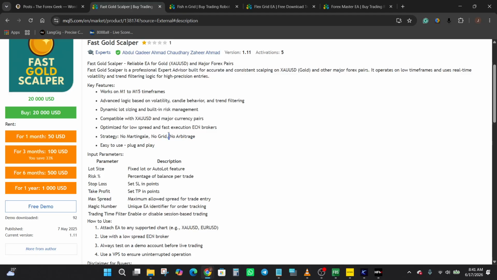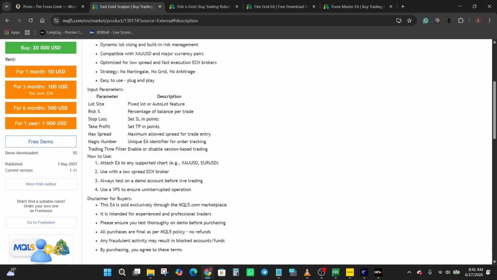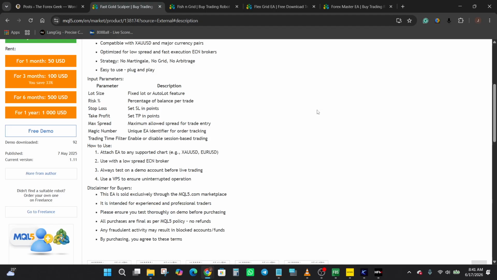Now moving into the settings section, we can see several adjustable inputs. There is the option to use either a fixed lot size or an auto lot feature, allowing traders to choose between a fixed position size and a risk-based approach. There is also a risk percentage setting, which determines how much of the account balance is allotted to trading risk.